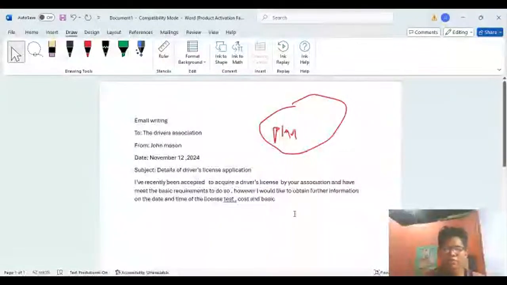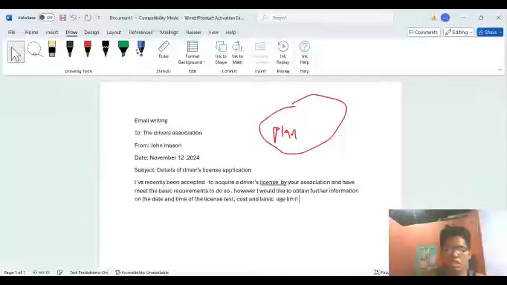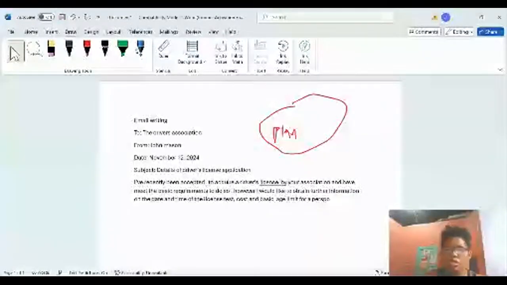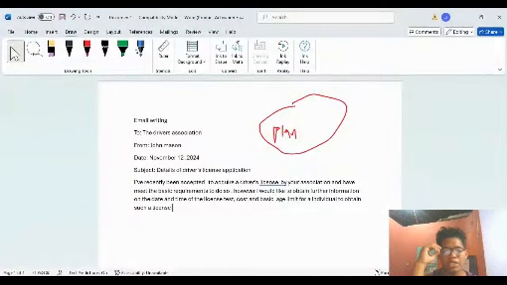However, I'd like to obtain further information on the date and time for the license test, cost, and basic age limit for an individual to obtain such a license.